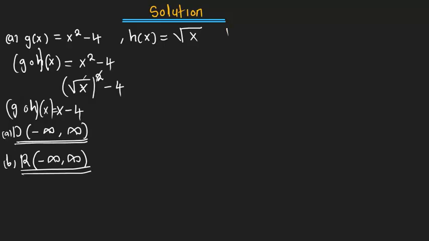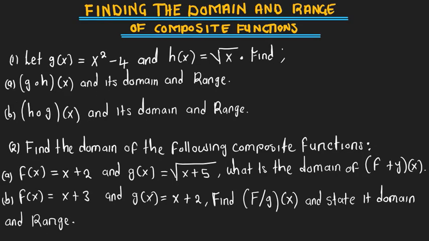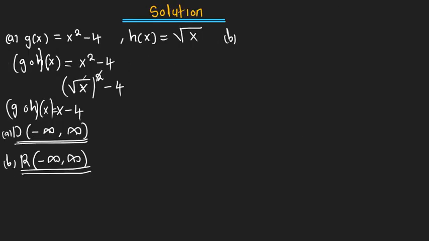We get to solve B. B is saying h of g being evaluated at some point x. We find the domain and the range. So we are finding h of g being evaluated at some point x.